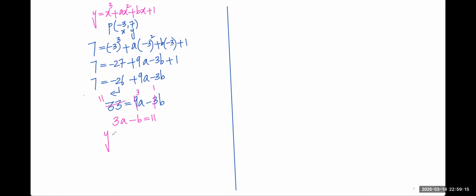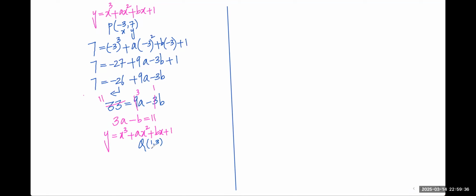Same curve, x cube plus ax square plus bx plus 1. So our point Q is (1, 3).